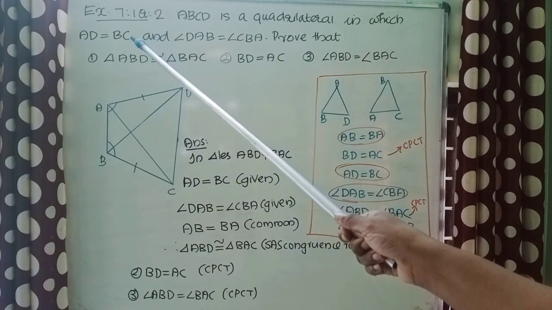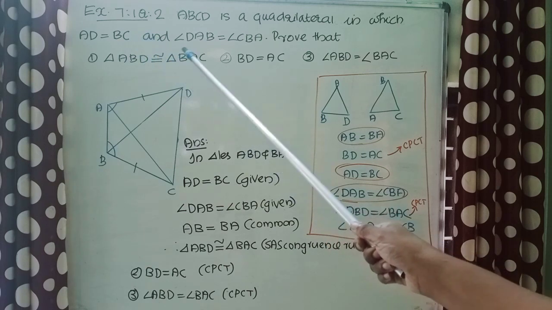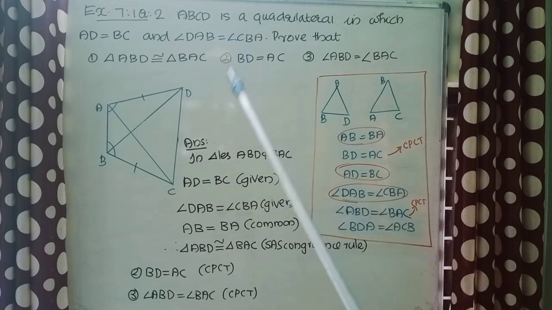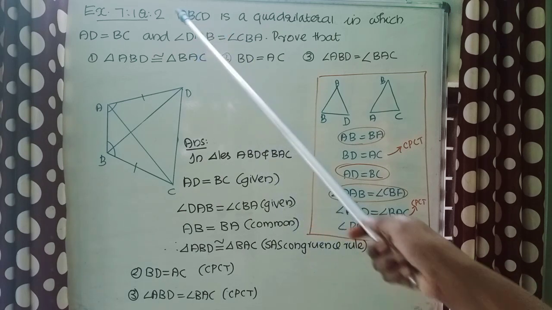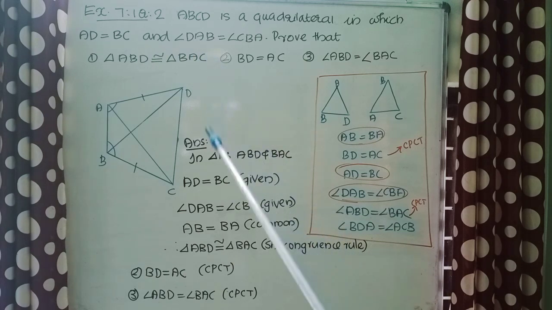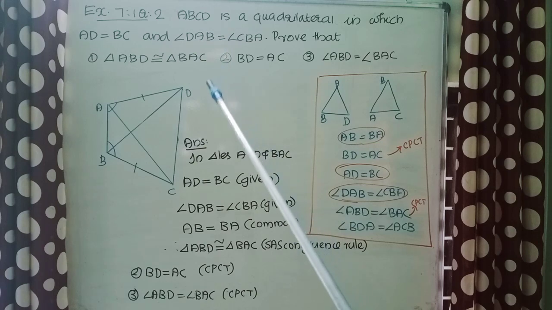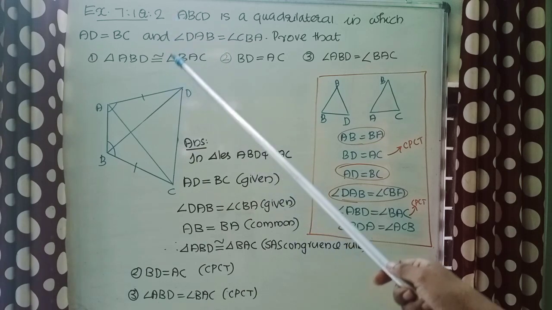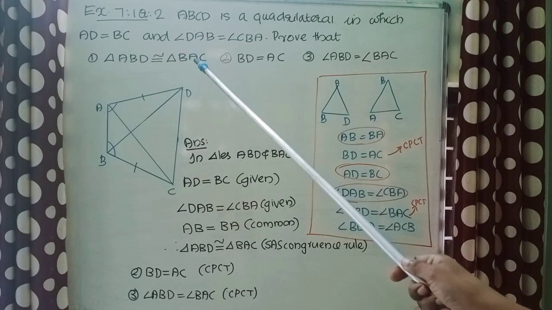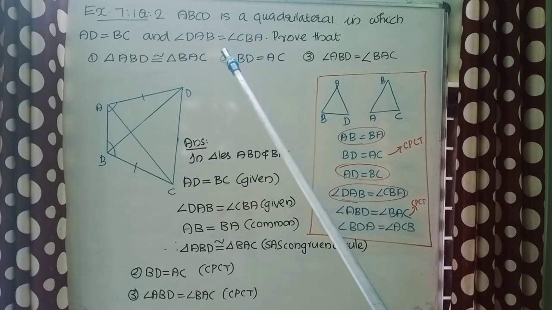Our first question is triangle ABD congruent to triangle BAC. We need to prove two triangles are congruent. We know two triangles are congruent if their corresponding angles are equal and corresponding sides are equal.